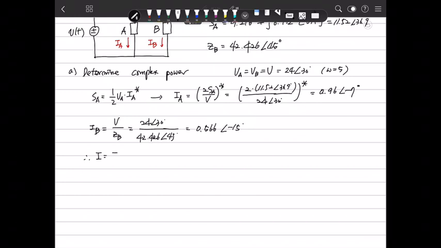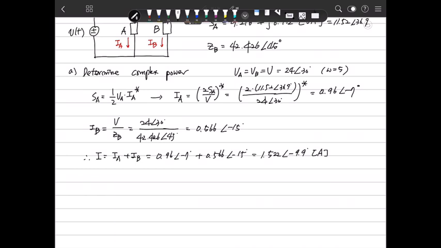Therefore, we can calculate I as IA plus IB. So I is 0.96 at -7 degrees plus 0.566 at -15 degrees. The result is 1.522 at -9.9 degrees amperes.